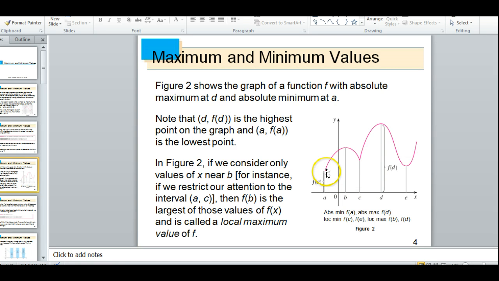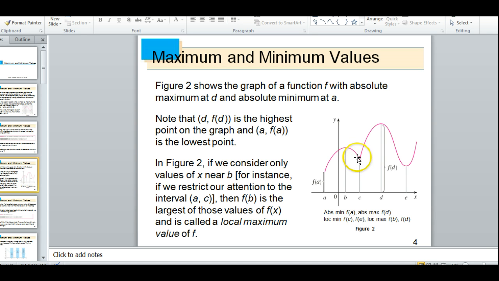So for example, if f has domain between a and e, actually I can just say if this is the entire function of f, then definitely this point right here is the lowest one occurring in the entire f. So this would be an absolute minimum. However, this low point here at c, it's a low point, but it's not the lowest on the entire graph. So this will be called a local minimum.